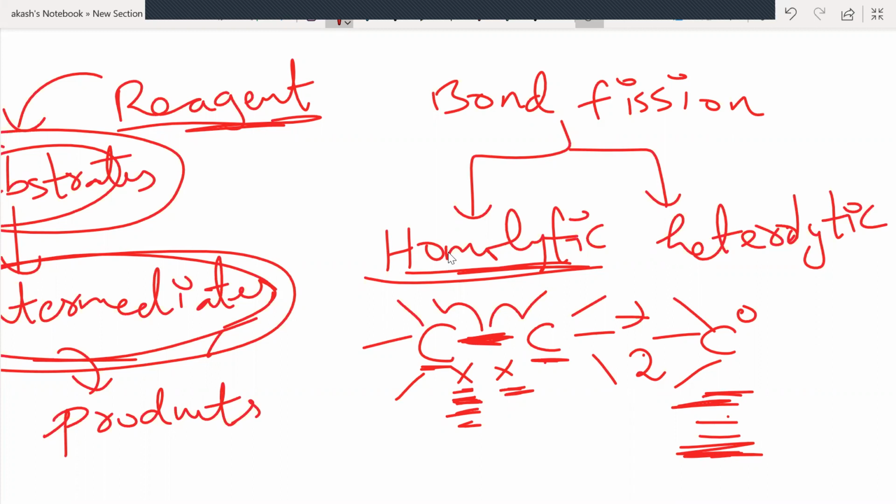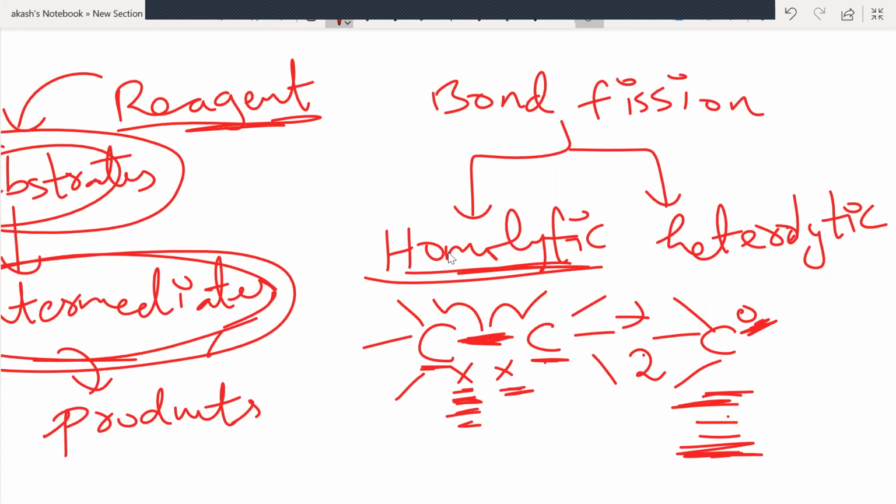Now, answer this question. When I have a single unpaired electron in any molecule, did I tell you how they are called? Just like this, you see, there is just one electron which is not paired. This is not a lone pair. Lone pair means I should have two electrons, right? So this is a single unpaired electron which is there in the valence shell of this carbon.